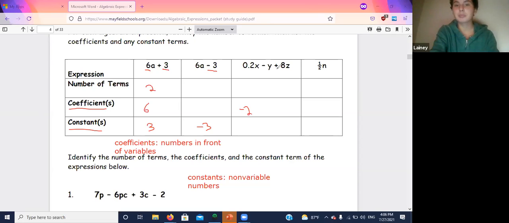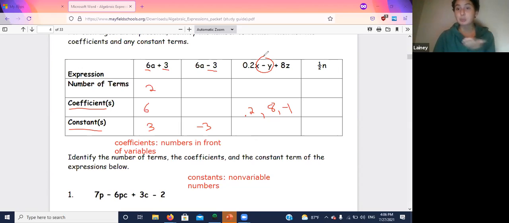Very good job. But you forgot 1. You got 2 of the coefficients right, but there's 1 more. If we have -y, how many y's are there? Well, there's -1. Keep in mind whenever you're working in algebra, if you see just a letter by itself, we know that the coefficient is 1.